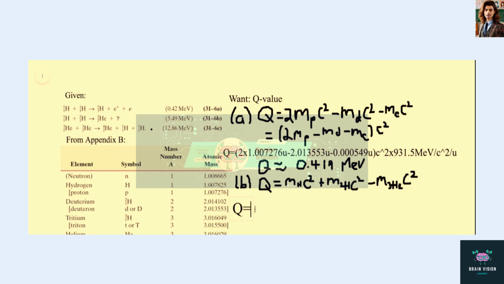So let's fill in our numbers. Oh, and again, gamma doesn't factor into the mass part here.